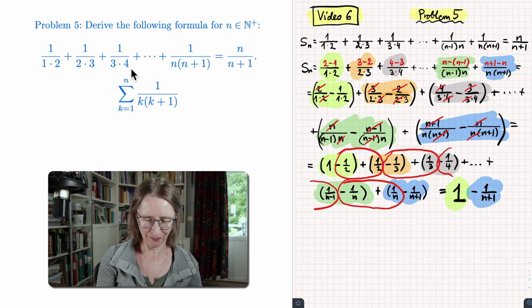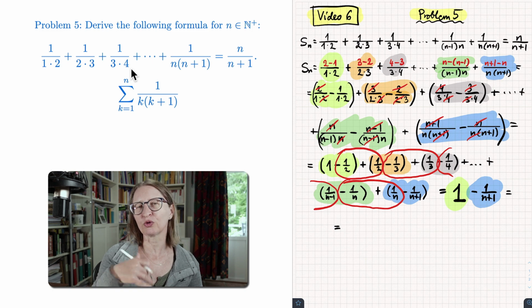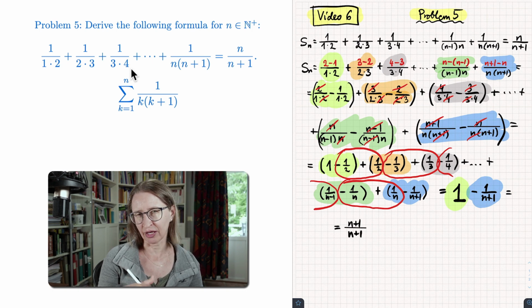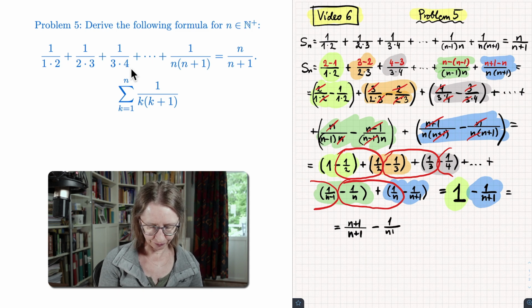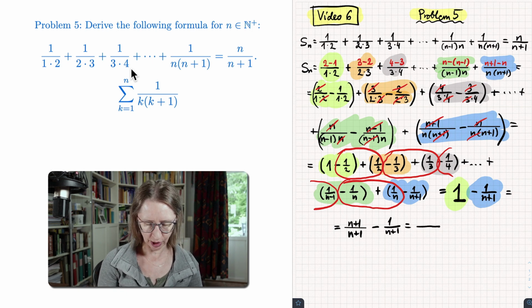Isn't it beautiful? So now I can put these two together by rewriting 1 as n plus 1 divided by n plus 1, because now I have the common denominator, right, for both fractions. And now, because I already do have a common denominator, I can put these fractions together.